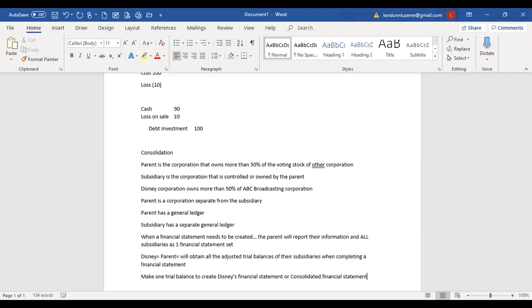So that's what we mean when you see that term, consolidated financial statements. It's the parent, and that's always the name of the corporation on the financial statement, and all of the subsidiaries that they own more than 50% of the stock of.